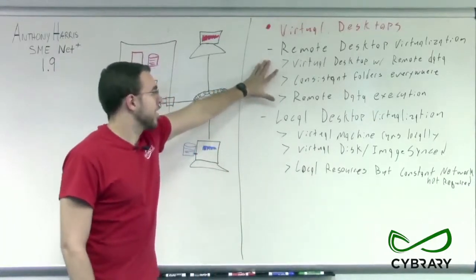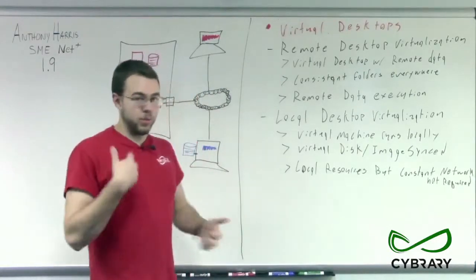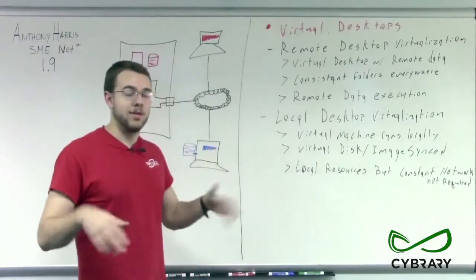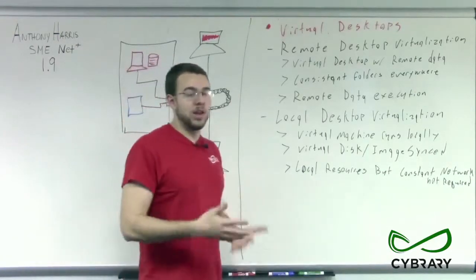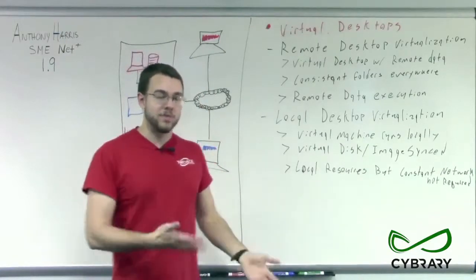So with our remote desktop virtualization, we're going to have an entire virtual desktop with remote data that we connect to over our network or over the internet, just depending on how we're utilizing our different components. So say we're at home and we say, oh, I need to grab a file from work.